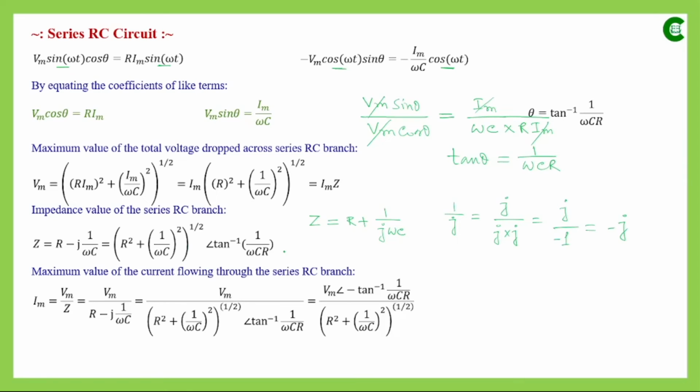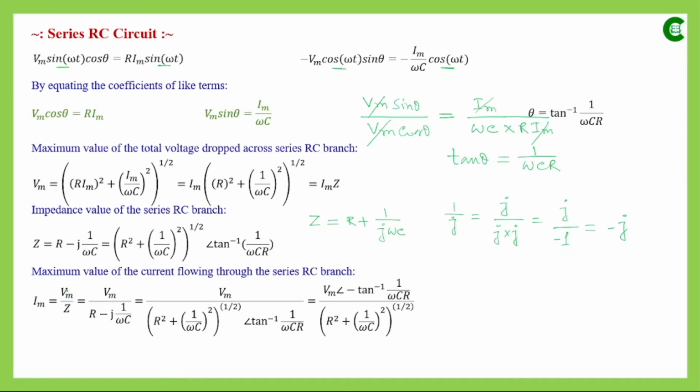Now if we want to find the maximum value of current that flows through that series RC branch, we can find it from the maximum value of the corresponding voltage. So Im = Vm/Z. Again it is related by Ohm's law, and here we use the impedance instead of resistance or reactance, because we are using the whole RC branch.